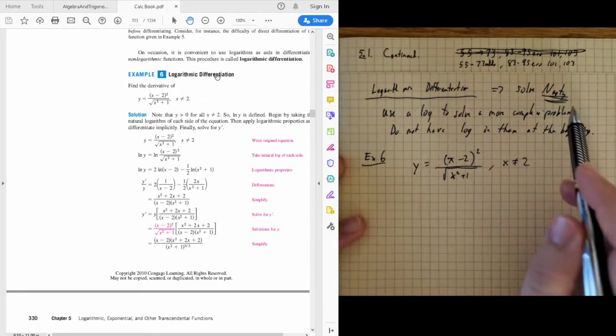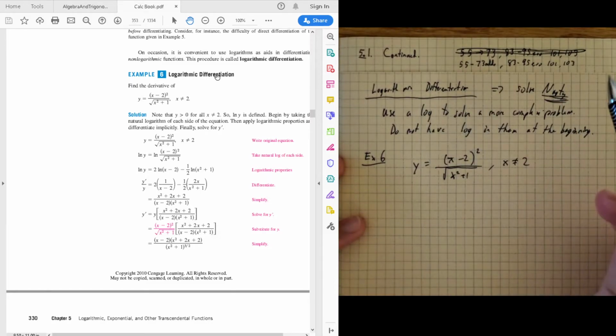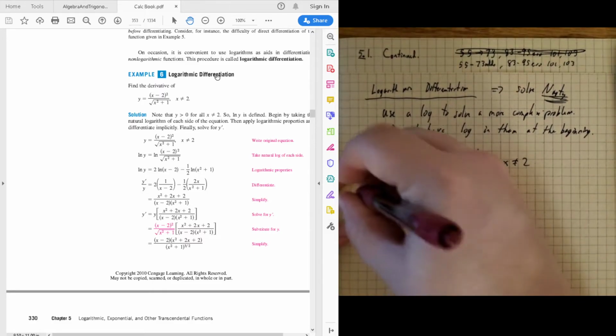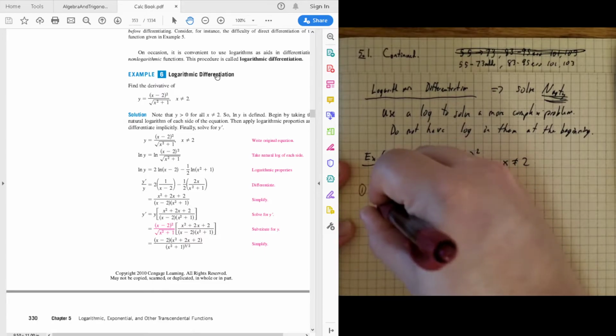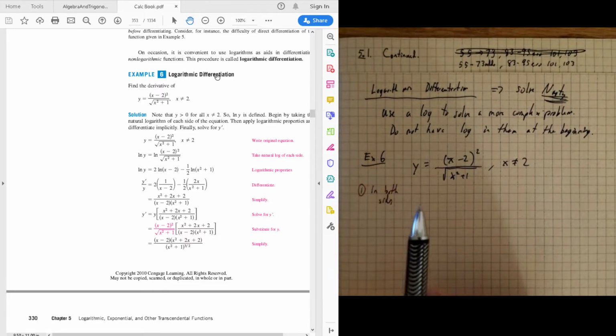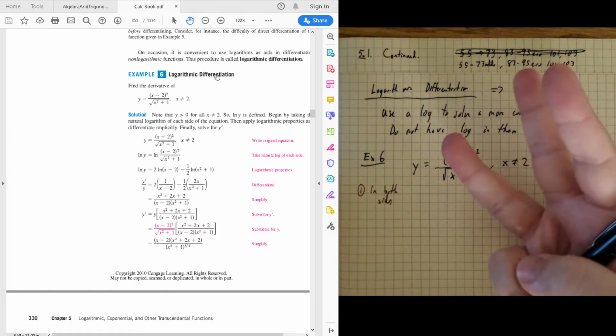So there we go. So in this problem, it's a nasty derivative, right? I don't want to solve this by standard techniques. And so I'm going to use logarithmic differentiation to do so. How do I do that? So step 1. You're going to natural log both sides. You can, in algebra, add to both sides, subtract to both sides, multiply to both sides, divide to both sides, power both sides.